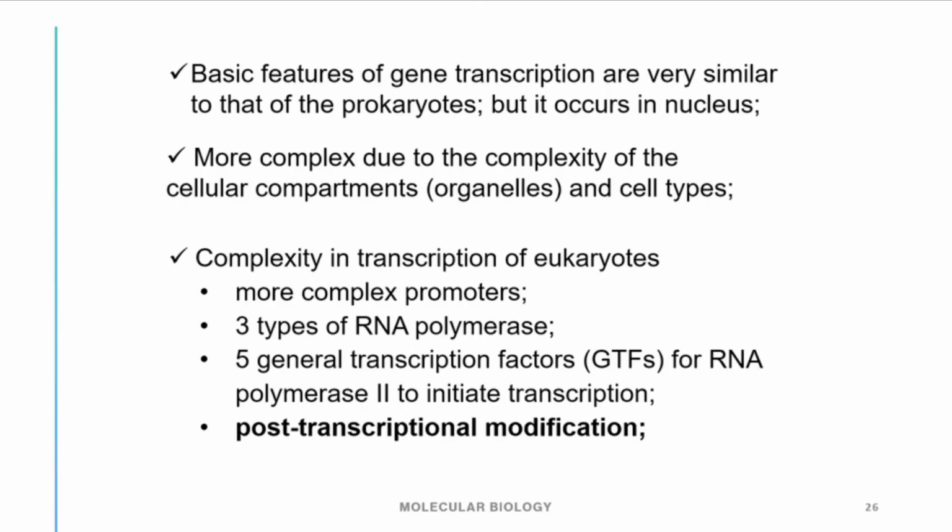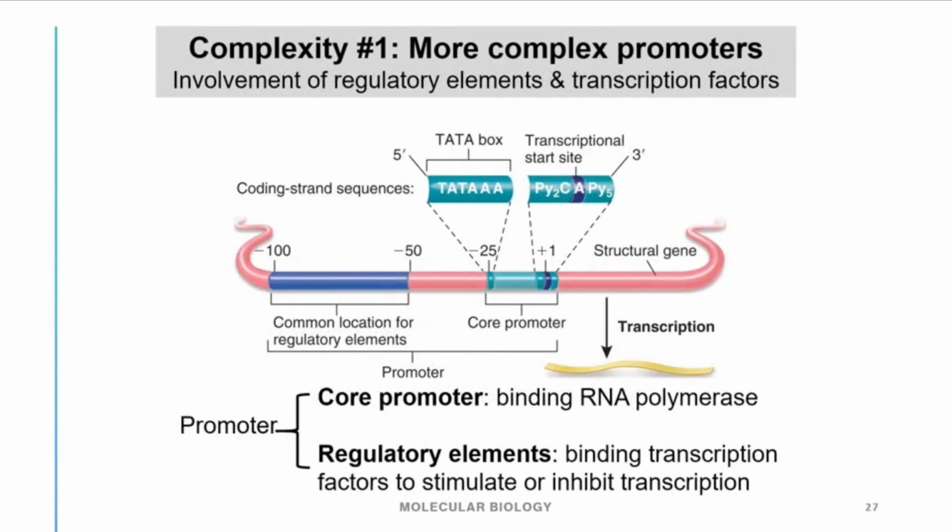And very importantly, there are post-transcriptional modifications of the RNA that's generated, which assist in transporting the RNA from inside the cell nucleus to outside the cell nucleus, as well as ensuring that the RNAs that are transcribed remain stable in the cytosol.